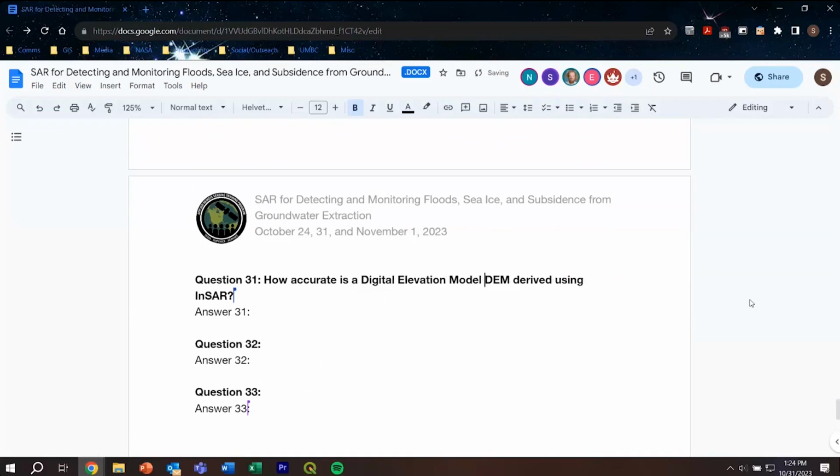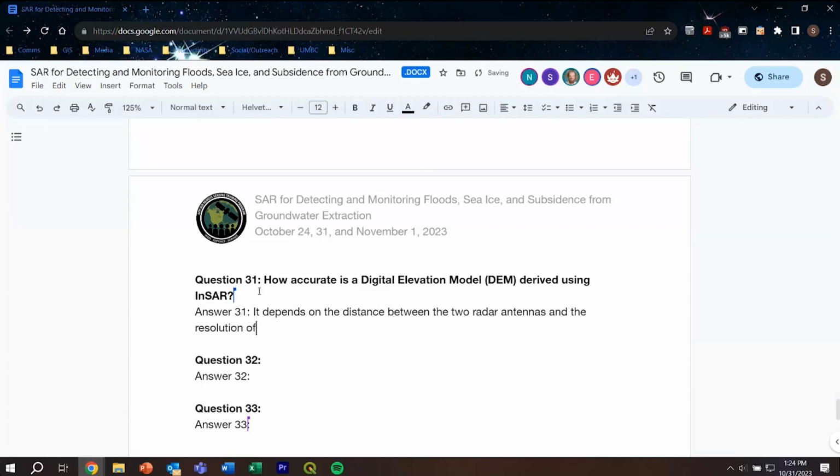The accuracy of InSAR DEM depends on the distance between the two radar antennas and the resolution of the SAR images used. So for SRTM, the accuracy was about 10 meters elevation.